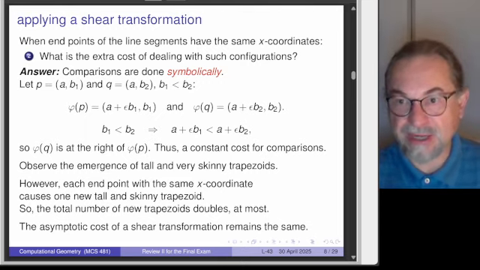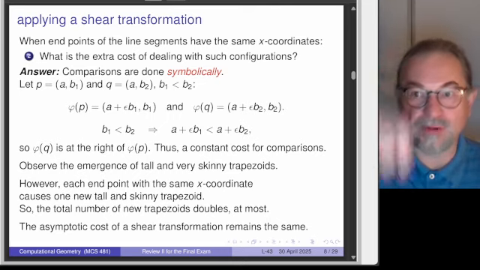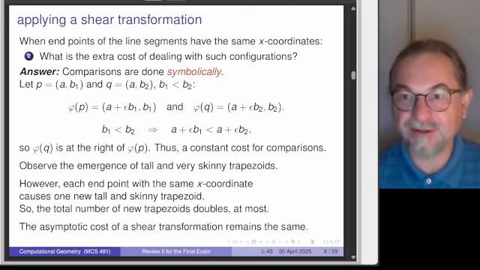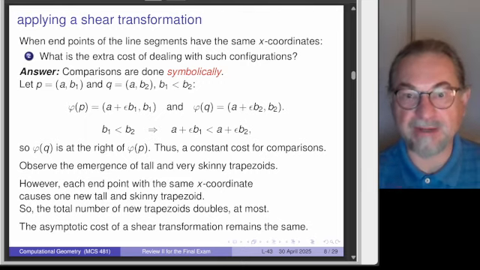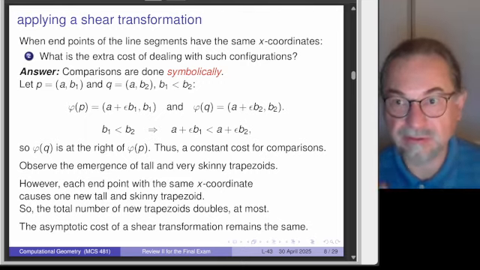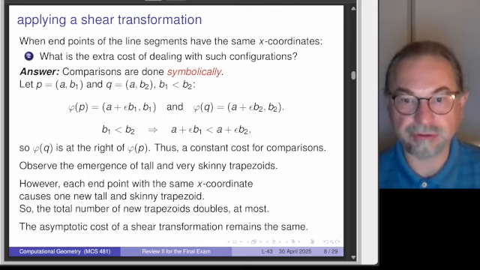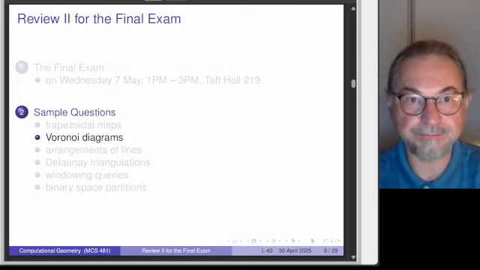So in the extreme case where almost all endpoints would lie on top of each other, we would have twice as many trapezoids as otherwise. But again, asymptotically, this does not change the cost. Okay, so that's the first question.